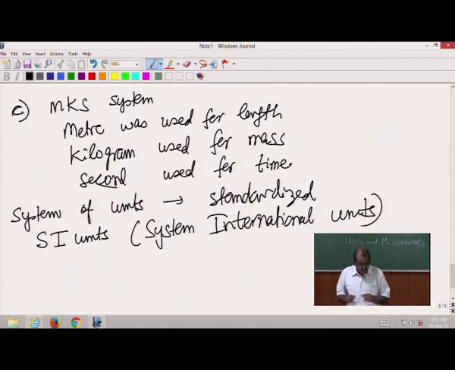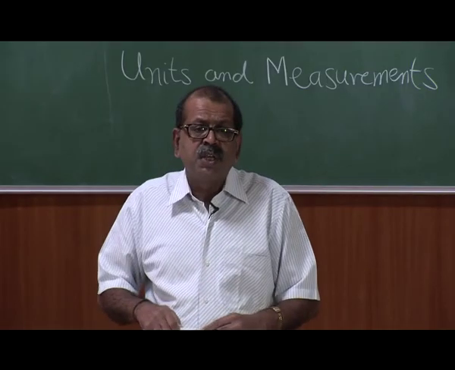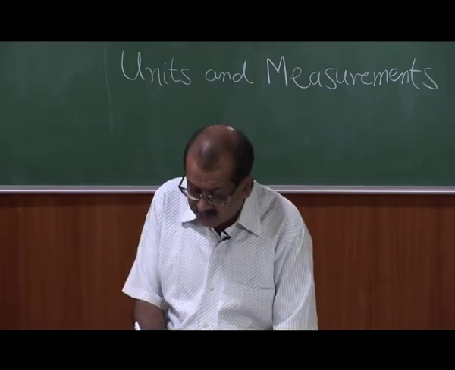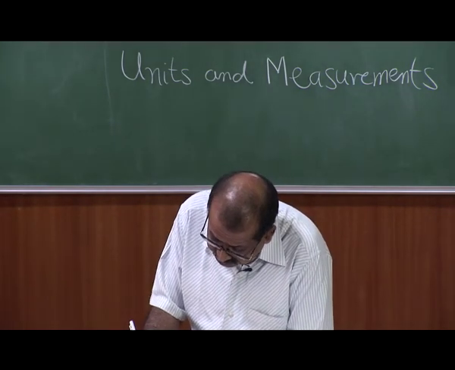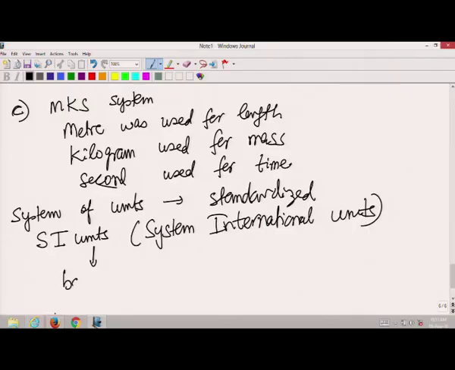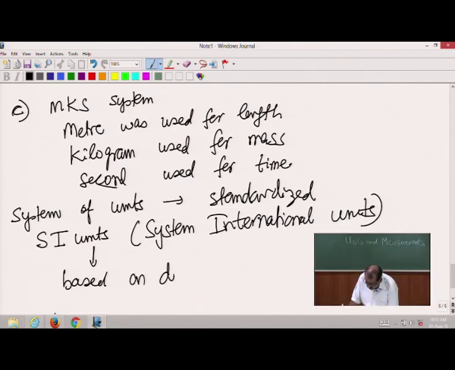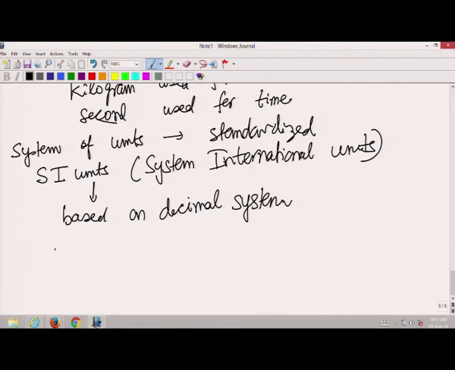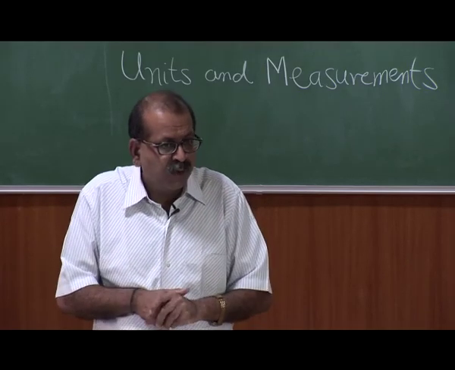In scientific, technical, commercial work in the world, we normally use SI units, and one of the basic advantages of SI units is that they are based on the decimal system. Because they are based on the decimal system, the conversions work in factors of 10. So, therefore, it is easier to use SI units.